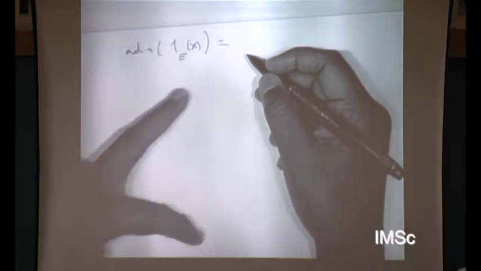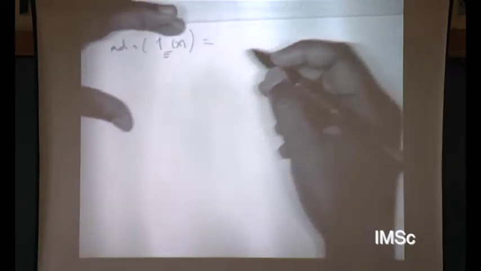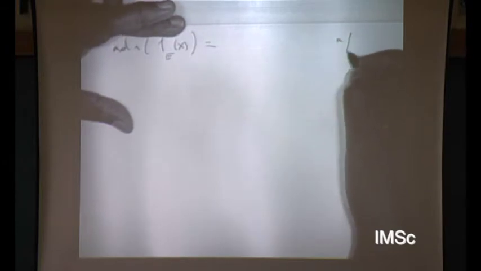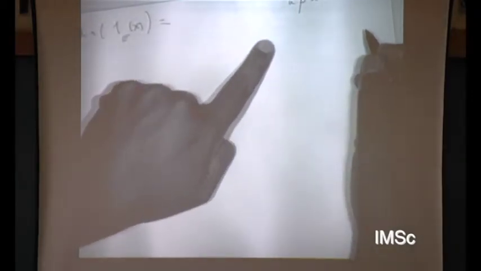This is the projection. See, if you take a projection P and you take U P U star, a projection is determined by its range. So what is the range of U P U star?